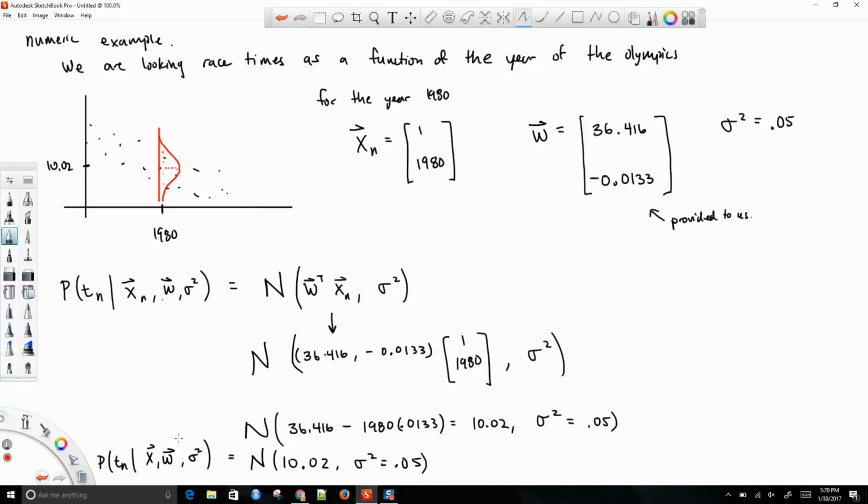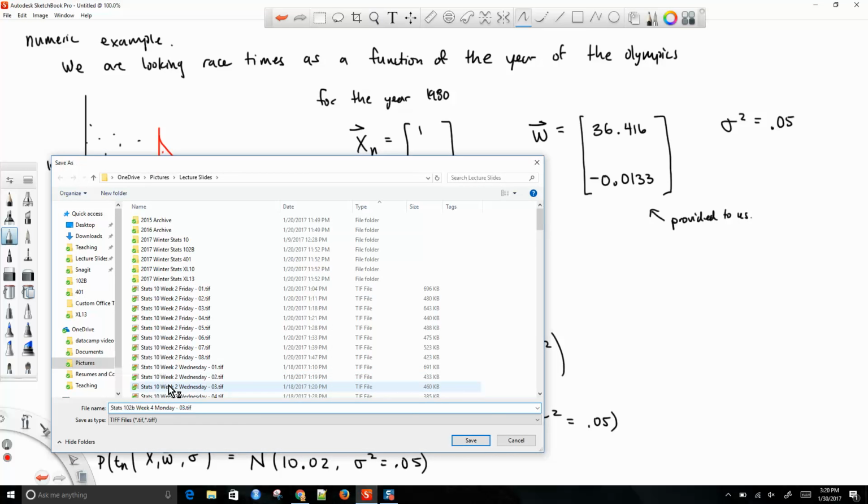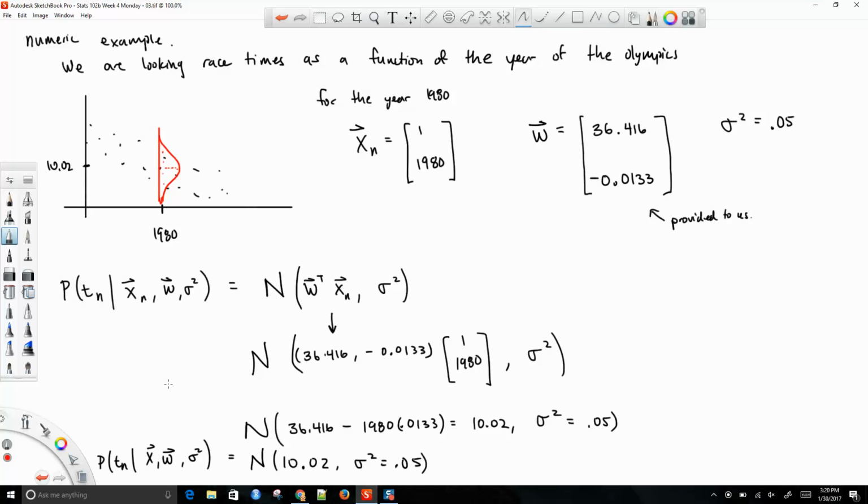Whatever value we observe, we can calculate the probability of getting that value. Is this okay?